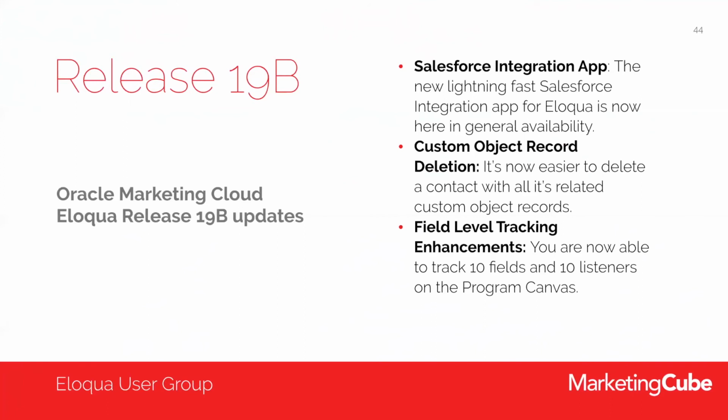So please have a chat with Jason or Adrian, and happy to have a chat with you further on that one if you have questions. Custom object updates in relation to deletion of individual records and also field level tracking enhancements as well. So you've got options there, or more options available if you're an admin.